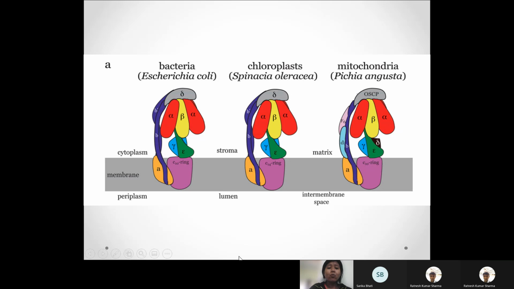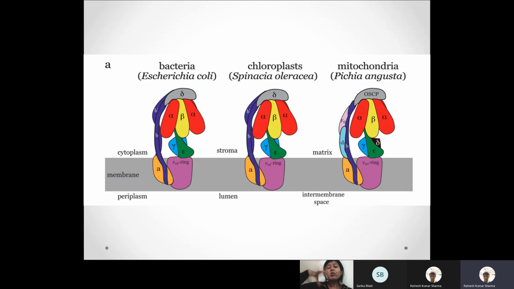First, whatever changes are occurring here are somehow translated to changes here. So any rotation here is somehow translated to conformational changes in the head unit. The second activity is that if this rotor is continuously rotating, then along with the stalk, the head is also connected.